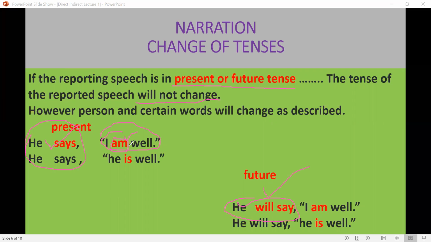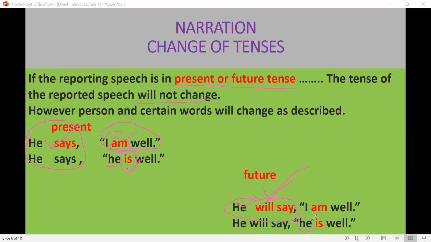He says, "I am well." He says he is well. We changed the pronoun, but we do not change the tense. Tense remains the same. It is in present, so in indirect narration, it remains present. Now, this reporting speech is in future. He will say, "I am well." He will say he is well.